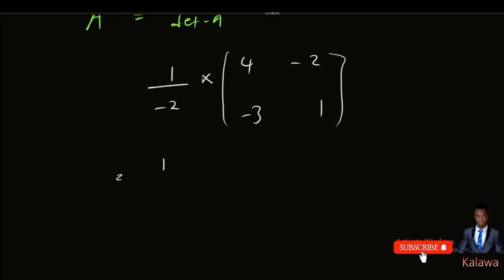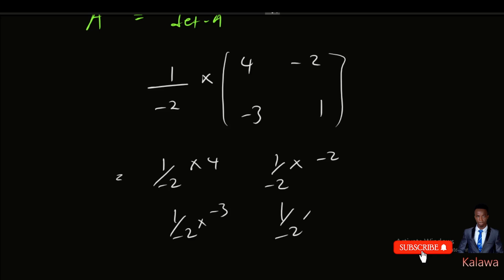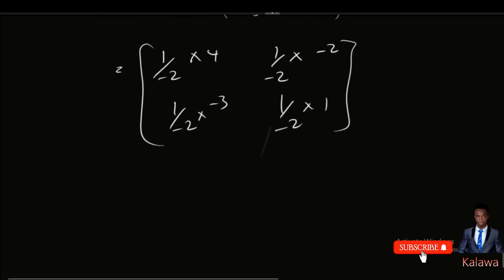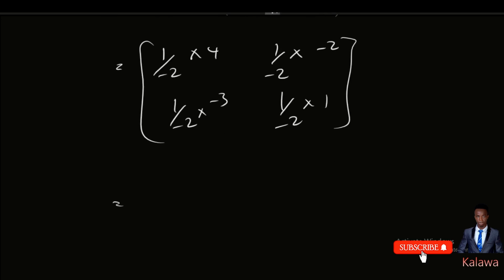So this is going to be 1 divided by minus 2 multiplied by 4, 1 divided by minus 2 multiplied by minus 2, 1 divided by minus 2 multiplied by minus 3, and 1 divided by minus 2 multiplied by 1, to multiply each of the elements.